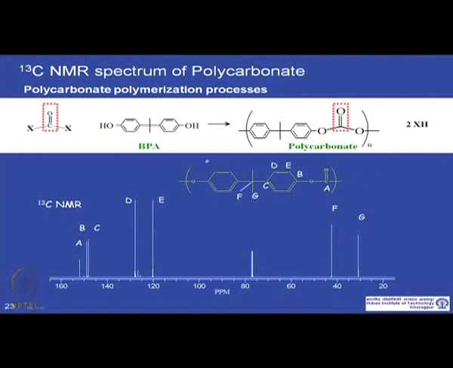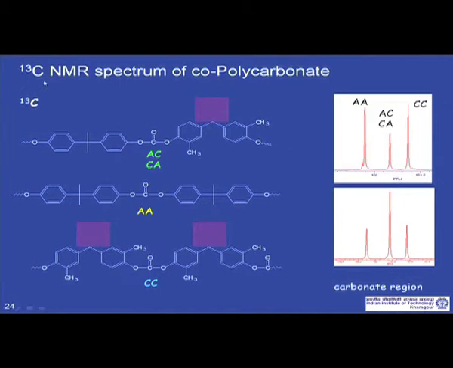Now, from a carbon 13 NMR spectrum we can assign each individual carbon in this polycarbonate, and this peak is special, A. This carbon from the carbonate is special because with the help of this spectrum we can find out the composition of a copolymer, which we will show as an example in the next slide.